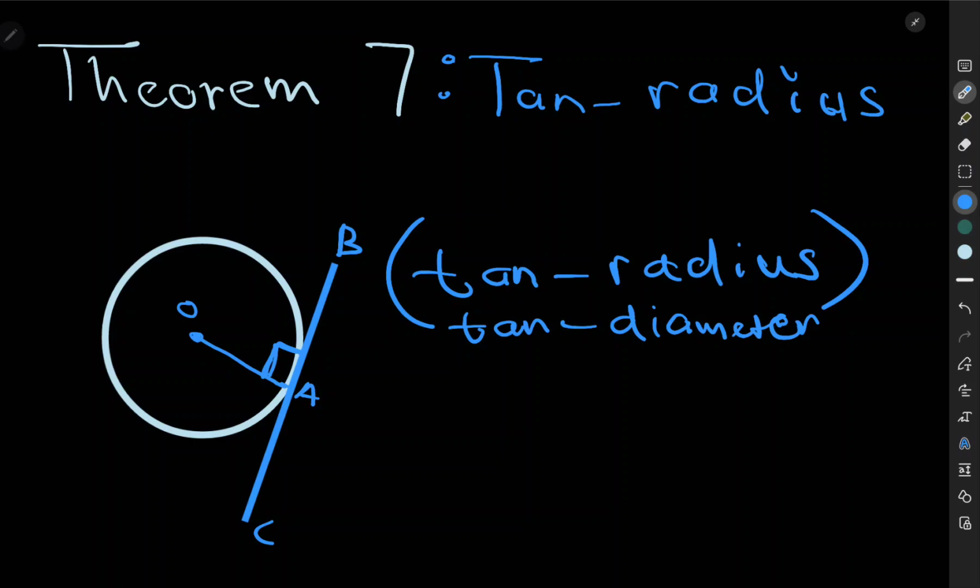Theorem number 7 says that when the radius and the tangent meet, they form 90 degrees.